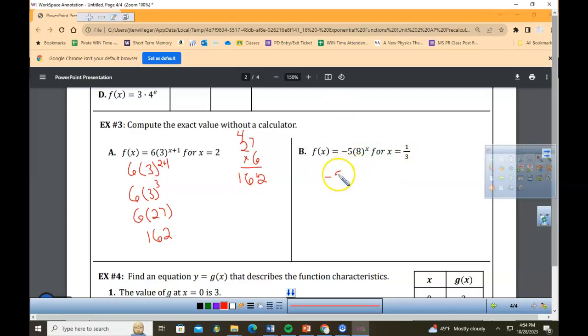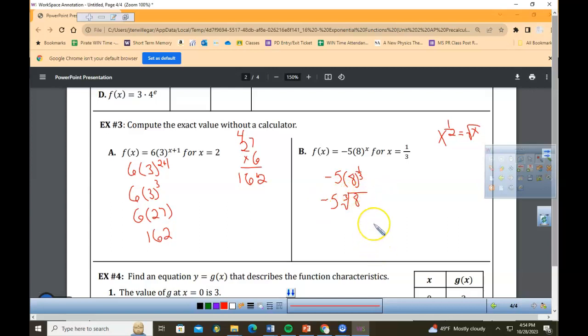So I'm doing negative 5 times 8 to the 1/3. Remember, like x to the 1/2, square root of x, y'all. So 8 to the 1/3, oopsie, is negative 5 times the third root of 8.